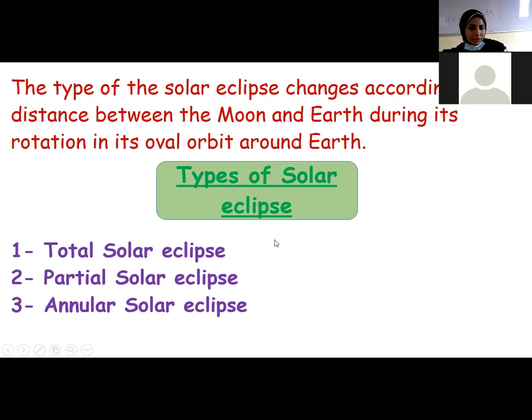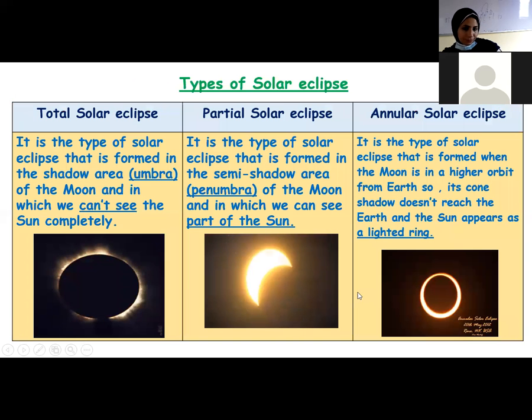So we have three types of solar eclipse: total, partial, and annular. They depend on the distance between the moon and the earth, and on the shadow. Total in umbra shadow, partial in penumbra shadow, annular in antumbra shadow.